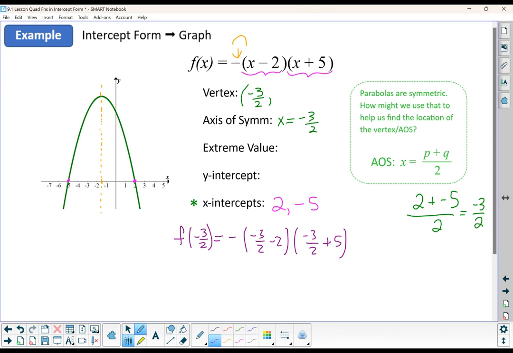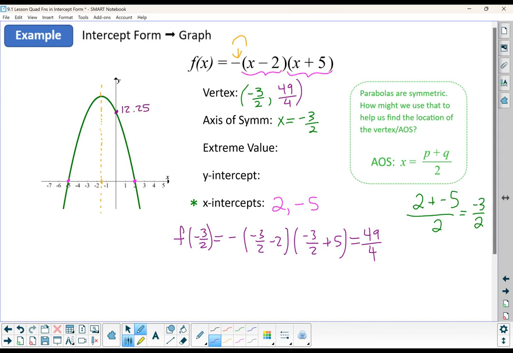And let's see, that would give us 49/4. I'm going to write it again in fraction form. But if you were wondering about the decimal, that's 12.25.